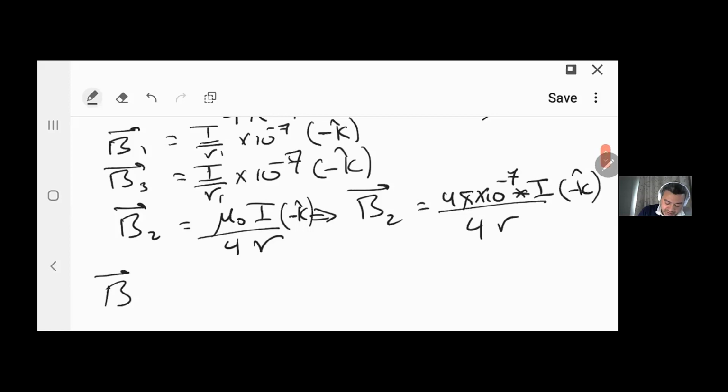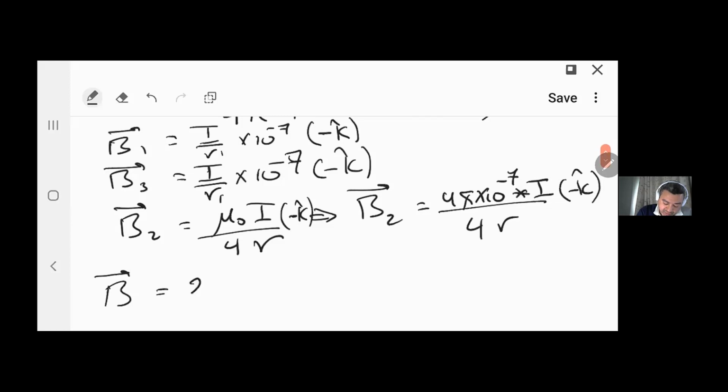So the total B, all of them are in the direction of into the screen. So I have I over R1 10 to the power minus 7 times 2, because B3 equals to B1.